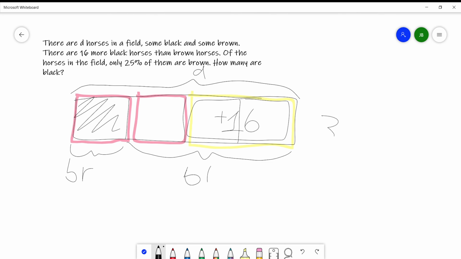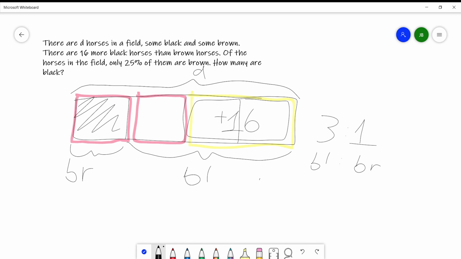So it's a 3 to 1 ratio, black to brown. And now it should become clear that 2 of those units are 16, which means 1 unit is 8.